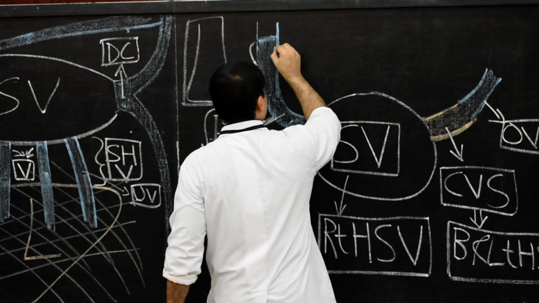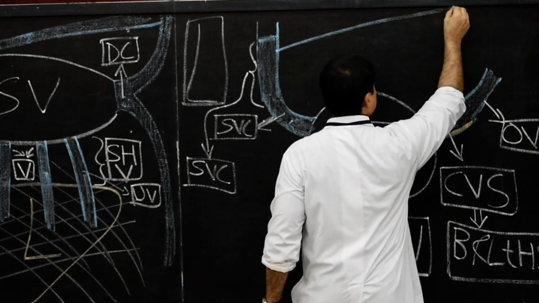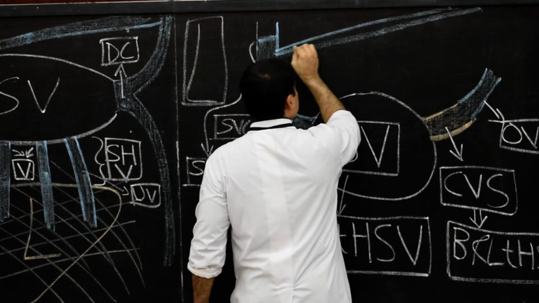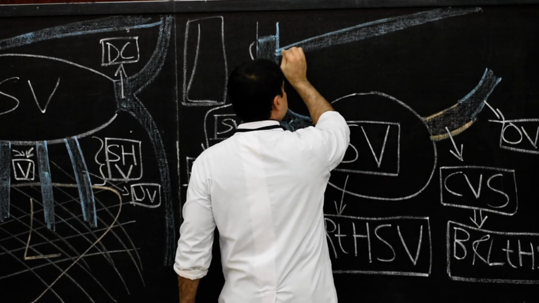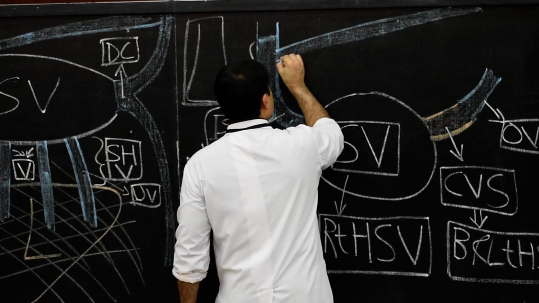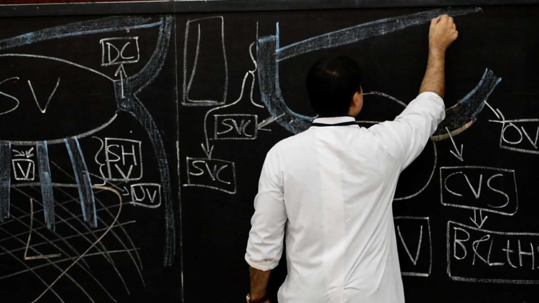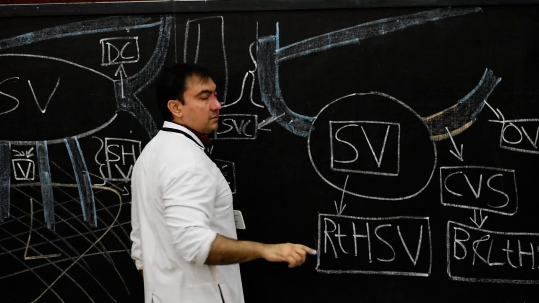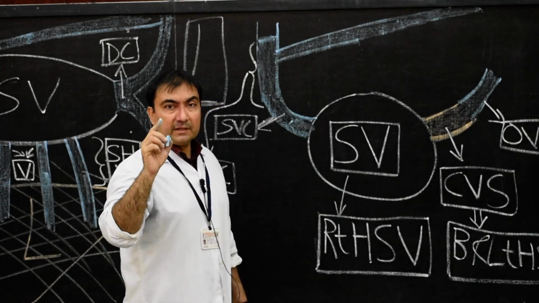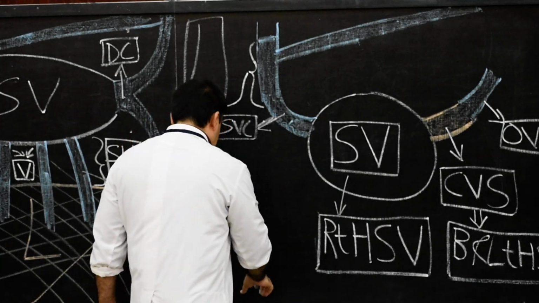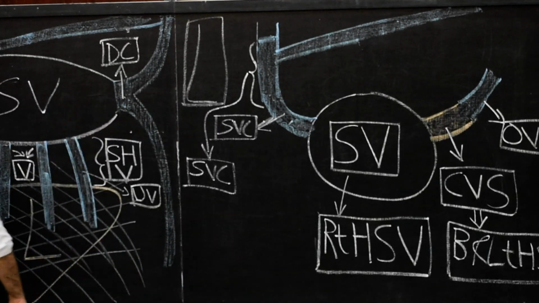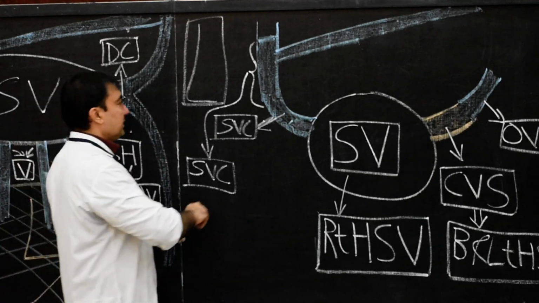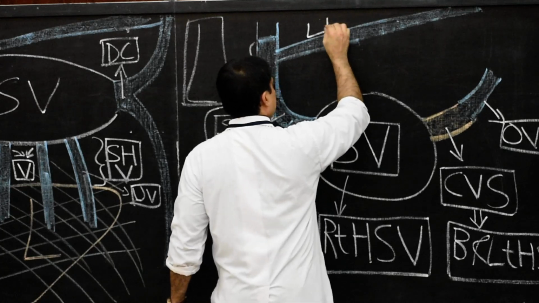That oblique connection here, I want to show. This oblique connection from the left anterior cardinal vein to the right anterior cardinal vein will develop into left brachiocephalic vein. Please note down. So therefore, this will develop into the left brachiocephalic vein.